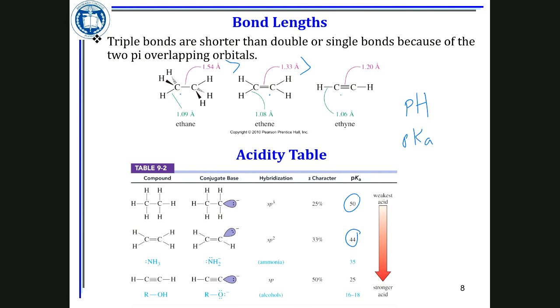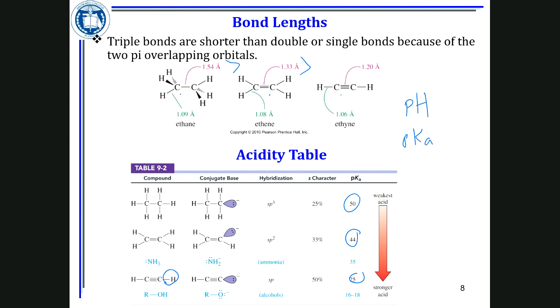So if you compare the terminal alkyne, and we have to have a terminal alkyne because we have to have the hydrogen, with the alkene or alkane, you are talking about 25, 44, and 50. 25 is much stronger than the alkane, which has a pKa of 50.